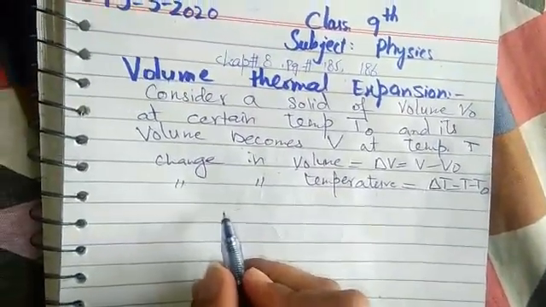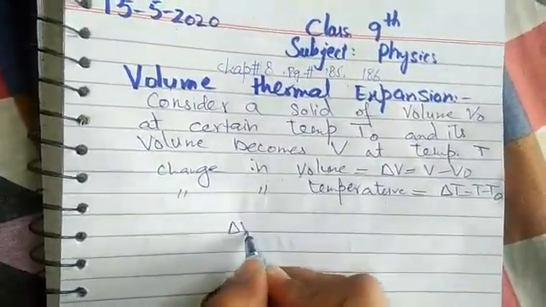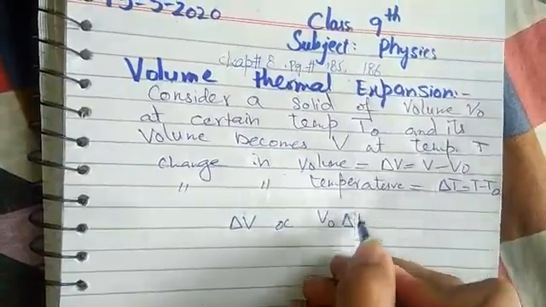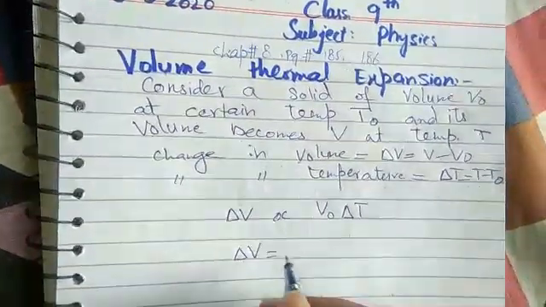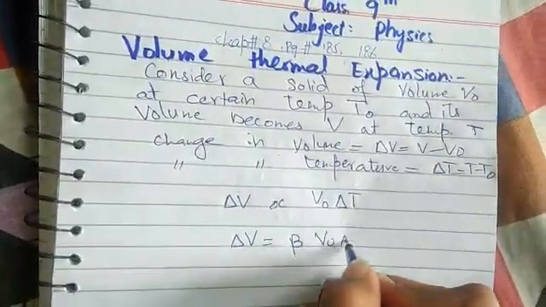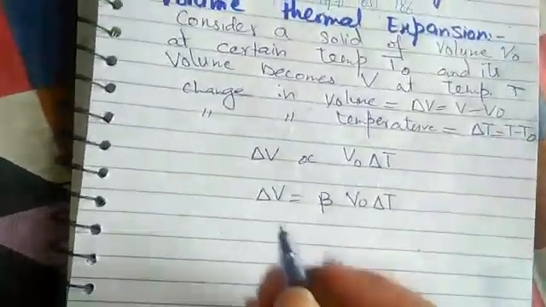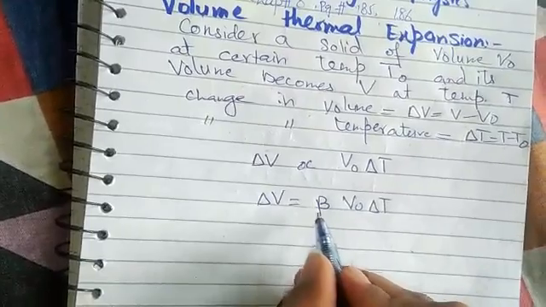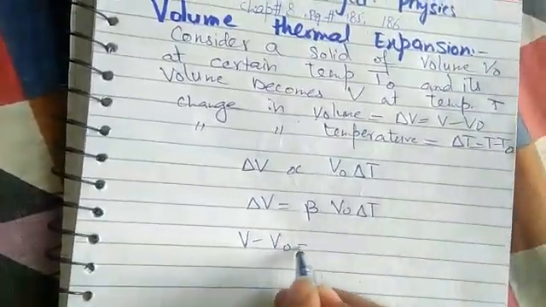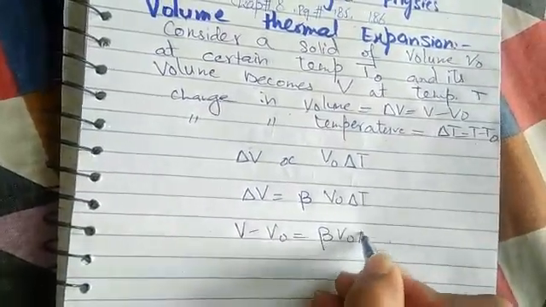So students, like linear thermal expansion, the change in volume is also directly proportional to the original volume and change in temperature. So if we remove the proportionality sign, there is a constant and an equal sign. Here beta is the coefficient of volume thermal expansion. Delta V is equal to V minus V naught is equal to beta V naught delta T.